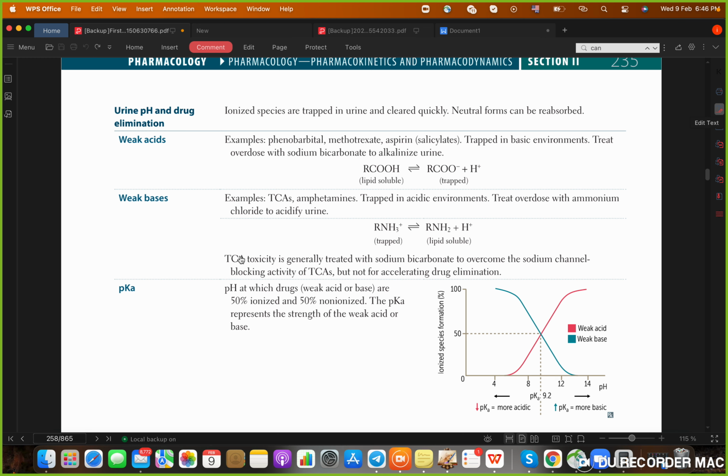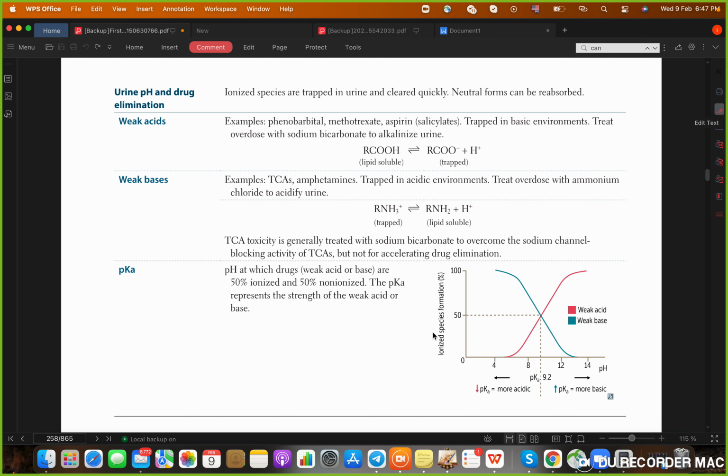The TCA, tricyclic antidepressant, mainly kills the patient from the toxicity by causing arrhythmia in the heart, okay? So by using sodium bicarbonate, it is going to counter the sodium channel blockade in the heart, which will prevent the arrhythmia from occurring as a consequence of the TCA's toxicity. But there is no acceleration of the drug elimination.